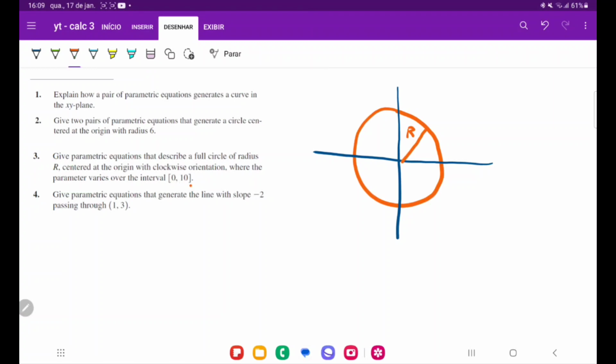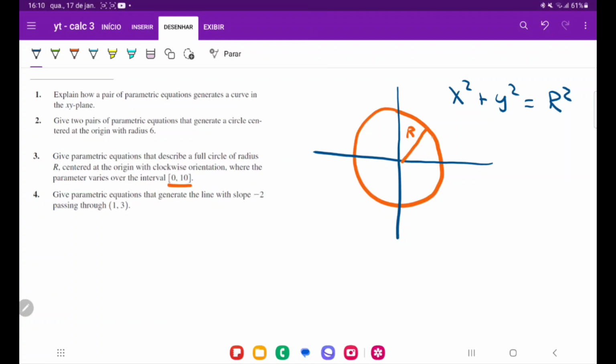So what this means here is that 0 to 10, in the parameter, has to give, oops, I drew that in the wrong direction, has to give a full rotation here, right? So as we've seen previously on video number 2, a circle in our normal Cartesian equation is described by x squared plus y squared is equal to r squared.